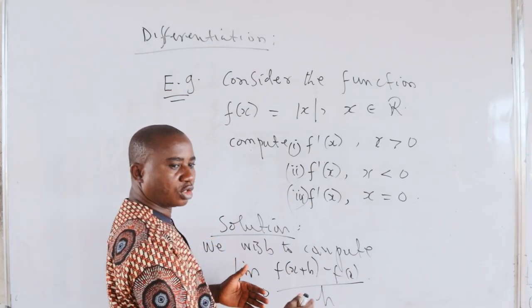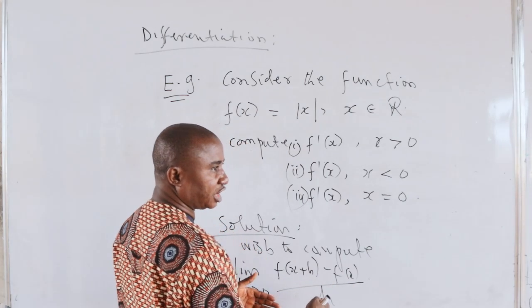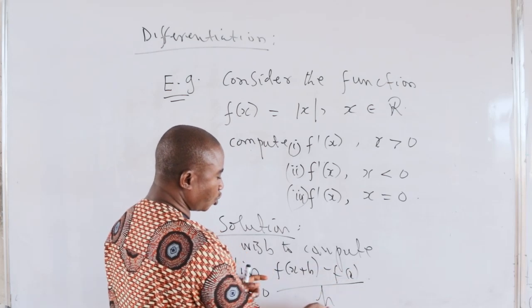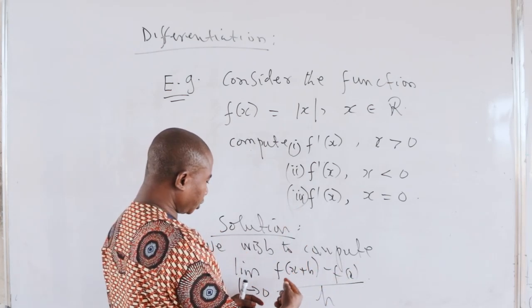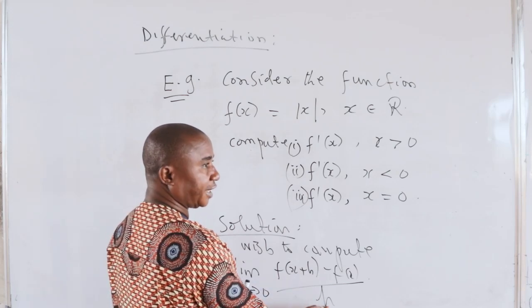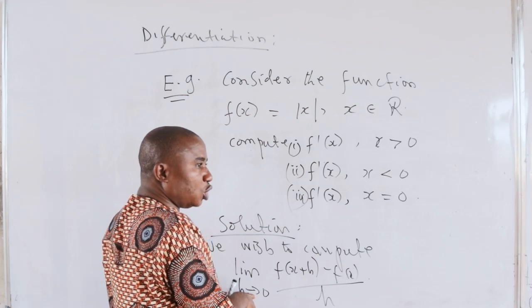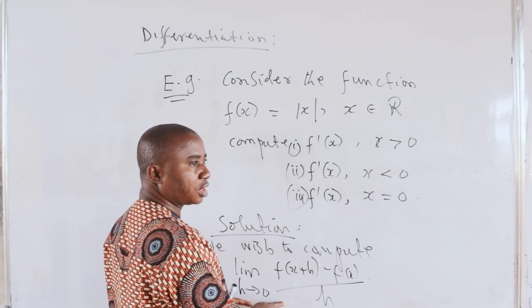We have dealt with the concept of limit of functions a lot, so we know how to compute the limit of a given function. Realize here that when you evaluate this quotient, you get a function of h, and that function of h is what you want to know whether the limit exists as h tends to 0 or not.